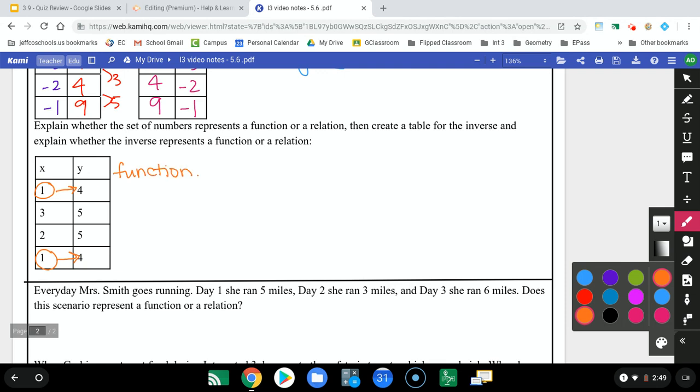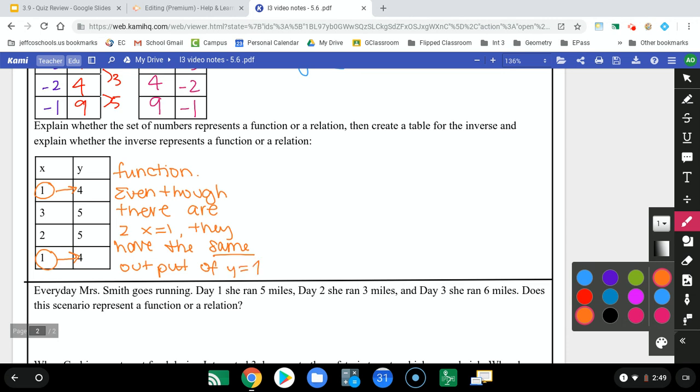Even though there are 2 x equals 1, they have the same output of y equals 4. So this one is a function.